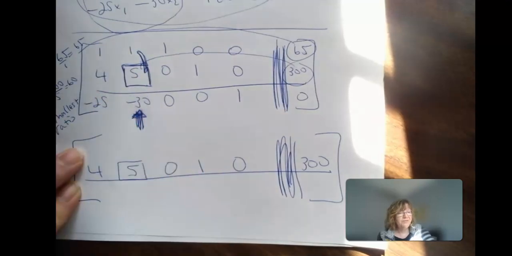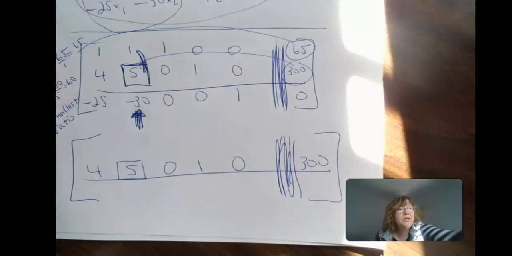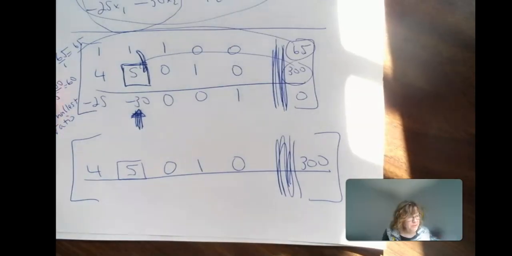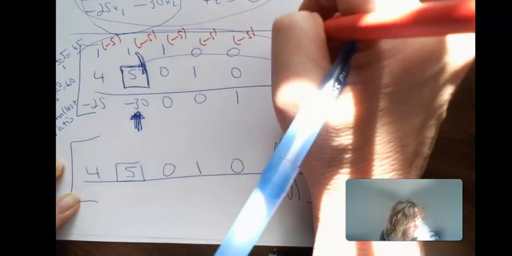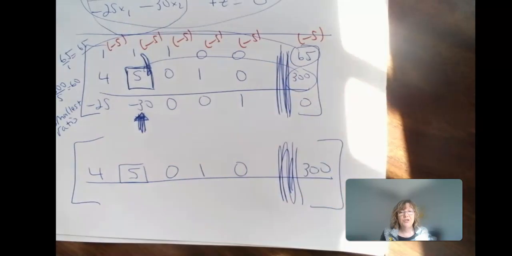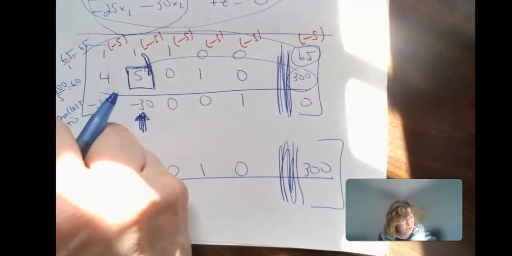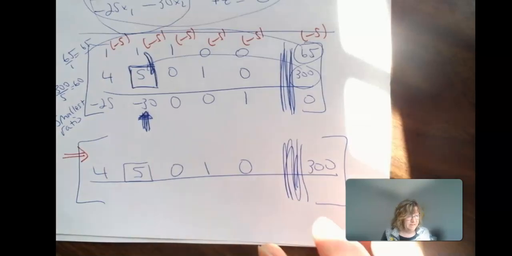If you're confused, 5 times 1 is 5, so 5 and a negative 5 are going to do what you want. So I am going to multiply the top row by a negative 5. So multiply everything, both sides of the line, by a negative 5. Then I'm going to add it to row 2, and I'm going to get a new row 1 because row 2 is permanent. All right, so let me go ahead and do this multiplication here.